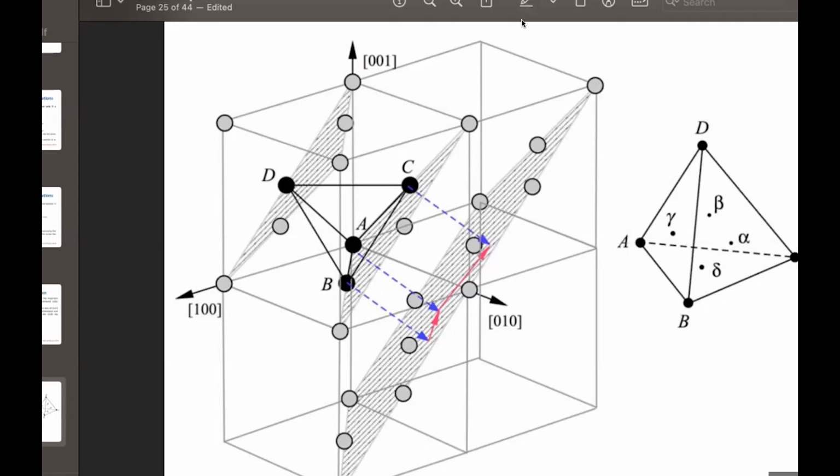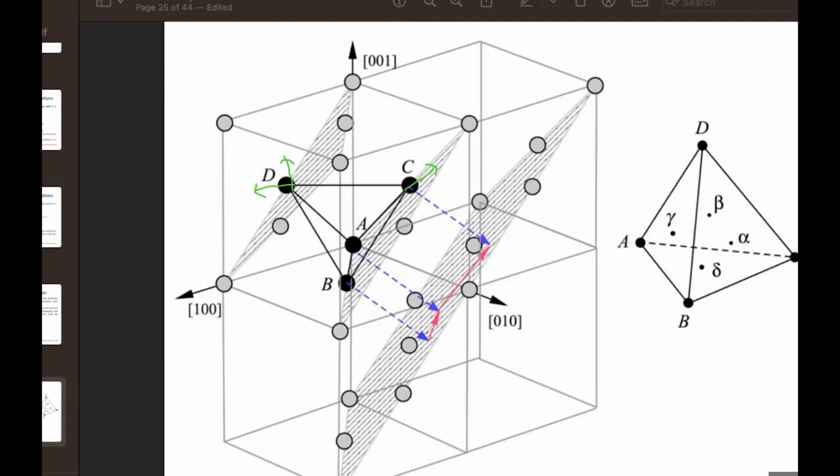Let me draw it for you. So this direction, for example, is 1-1-1 direction, or this direction is 1-1-1 direction, or this direction is 1-1-1 direction. But always you can decompose your perfect dislocation into 2 main Shockley partials.